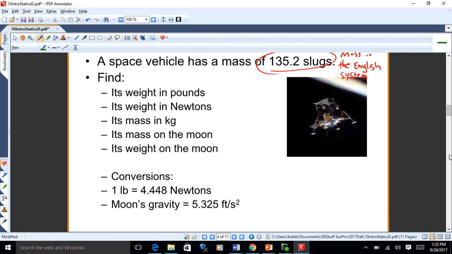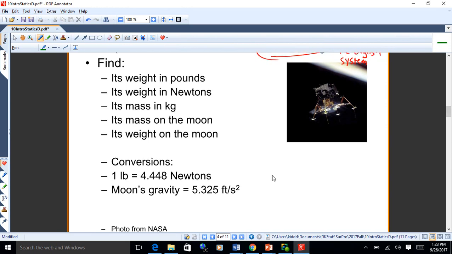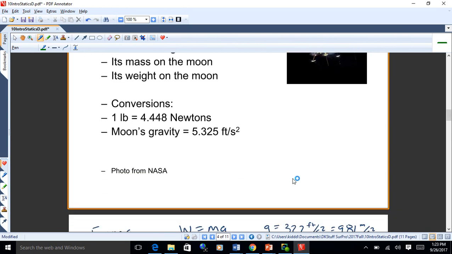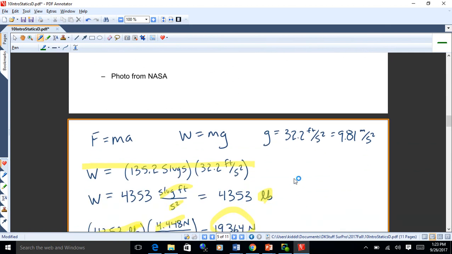All right, so we're good with that. So what we have here are the basic relationships that F equals ma, and the corollary to that is W equals mg.